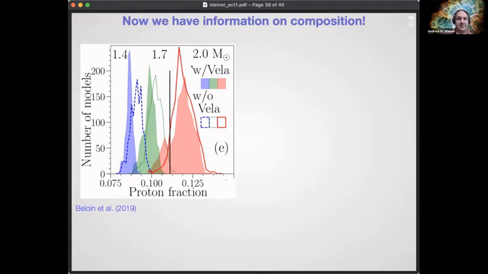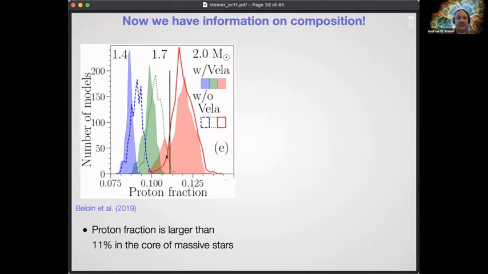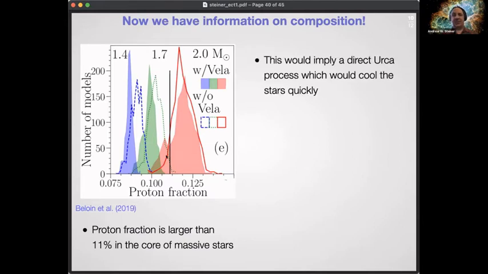The pink here is for a 2 solar mass star. The blue is for a 1.4 solar mass neutron star. For large masses, the proton fraction is larger than this vertical bar. What that means is this implies a direct URCA process, basically just neutron beta decay, which very efficiently cools the entire star quickly.